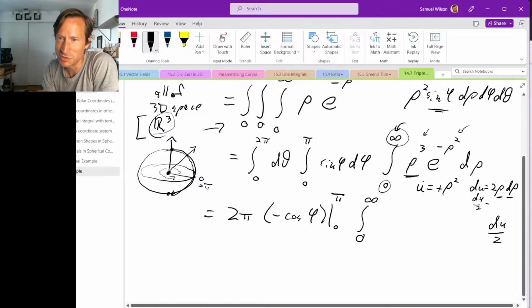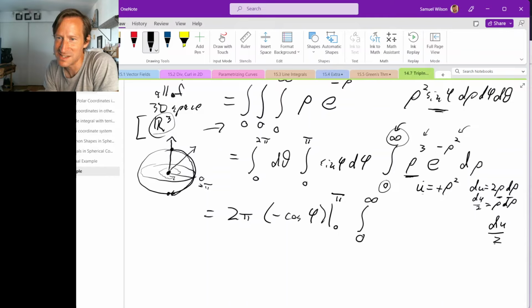So I'm taking a factor of rho, combining it with d rho, and I get du over 2. That leaves me with 2 factors of rho, but 2 factors of rho, that's u, so u, times e to the minus rho squared, but that is also e to the minus u. Okay, this looks good because this is something that we can handle with integration by parts.